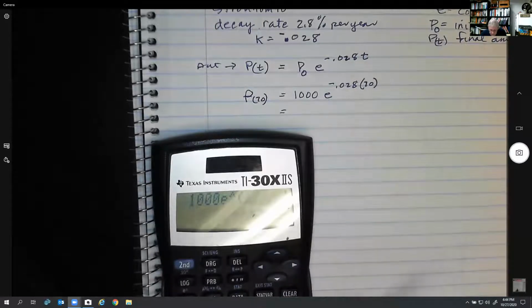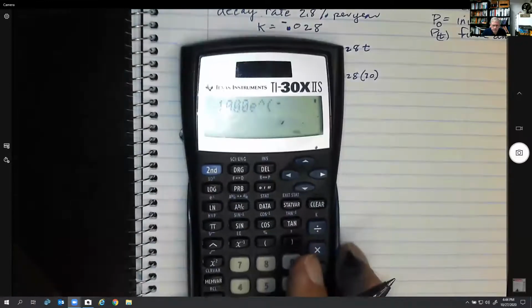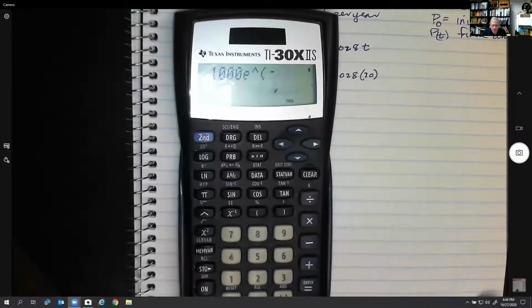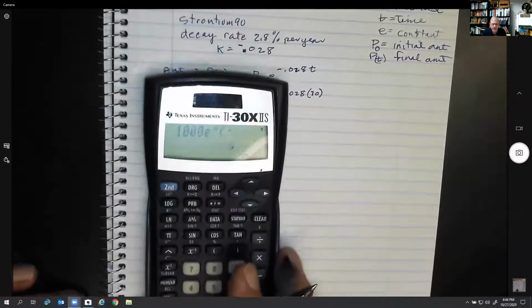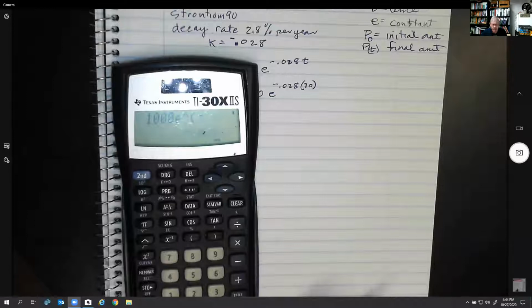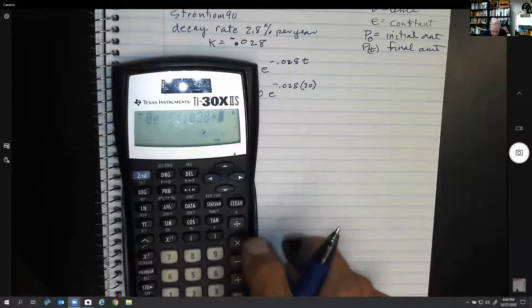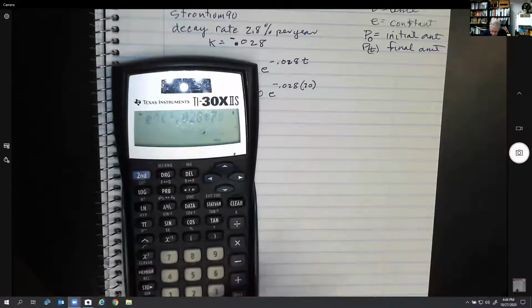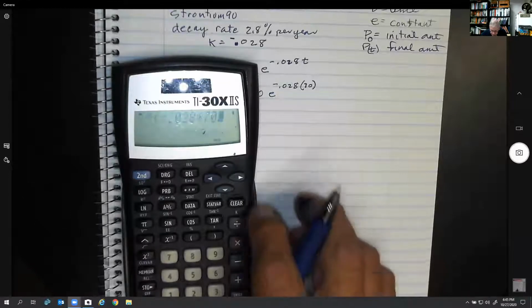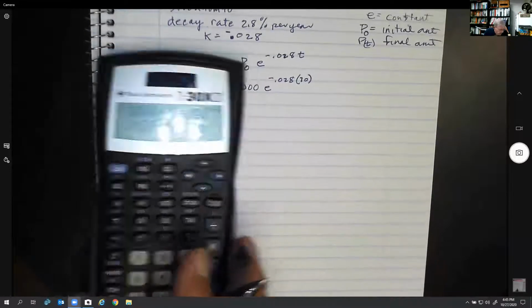To the negative, we're going to use this negative key down here. Negative 0.028 times 70, parentheses, equals.